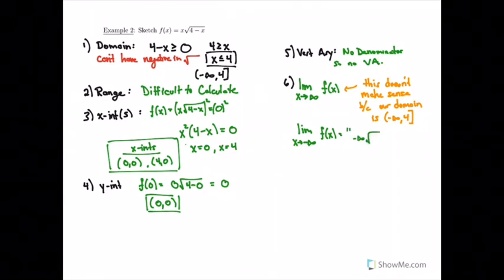We're going to have negative infinity times square root of 4 minus negative infinity. We're going to do some really bad illegal algebra here. Put it in quotation marks, so we're okay. It's going to be negative infinity times 4 plus infinity. Negative infinity times infinity is just going to be negative infinity. So as x goes to negative infinity, y goes to negative infinity.